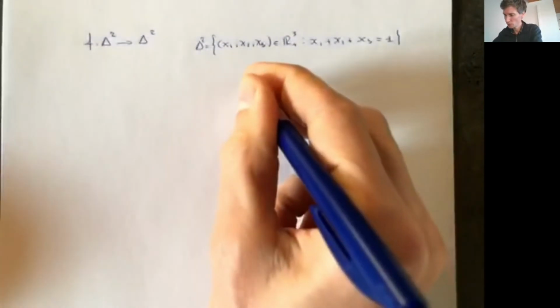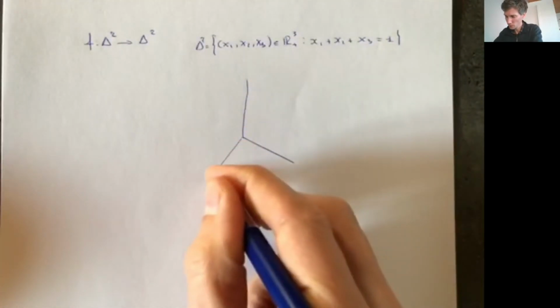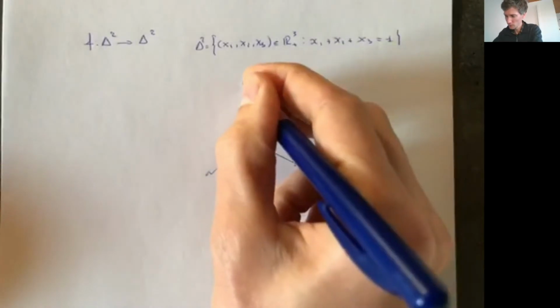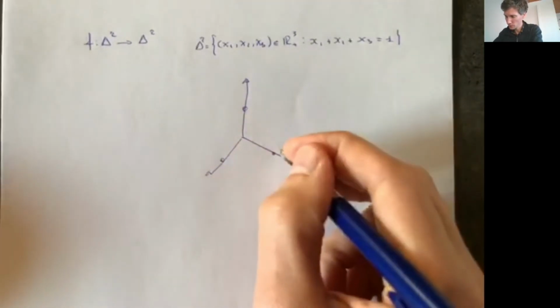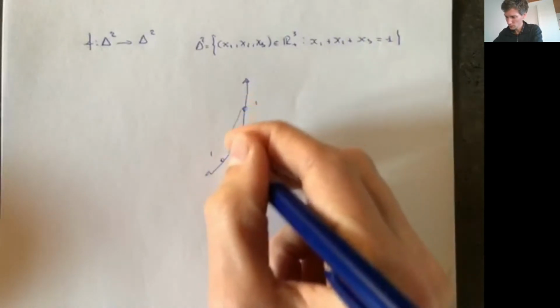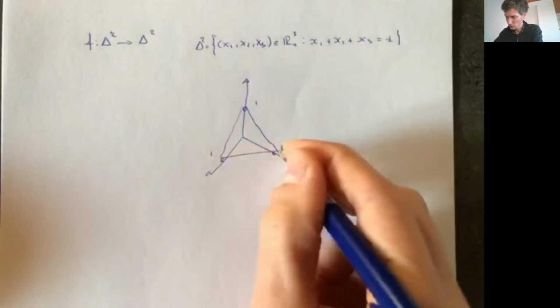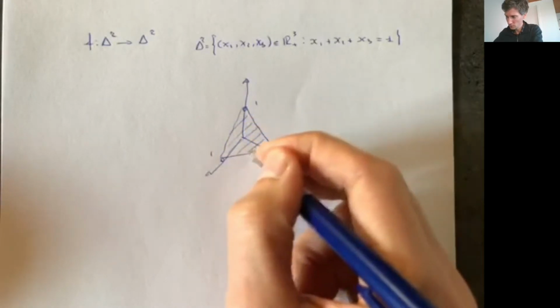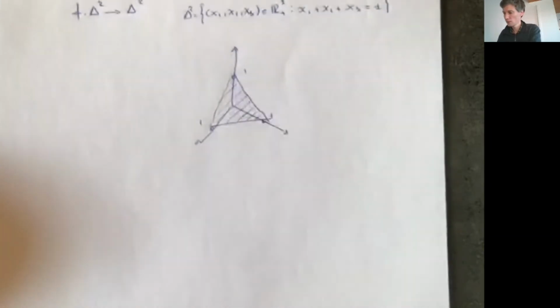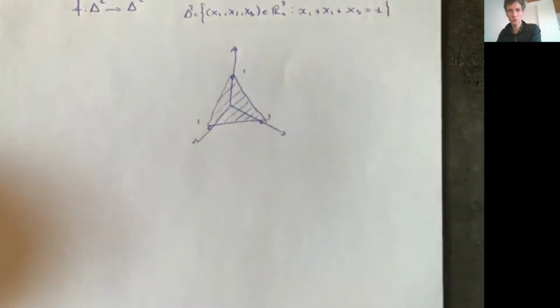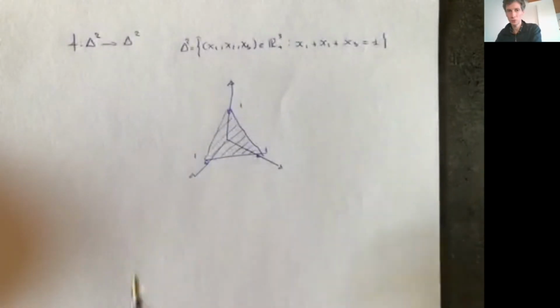Okay, and if you remember the picture, you had the three-dimensional axis, so you had this point, and this point, 1, 1, 1, and basically you make this triangle here. This is the two-dimensional unit simplex.